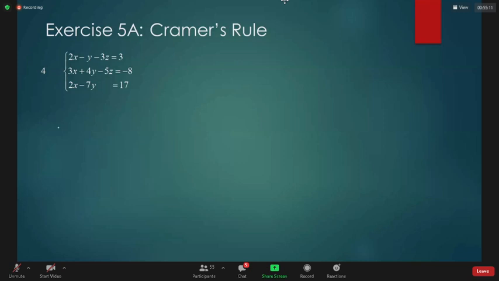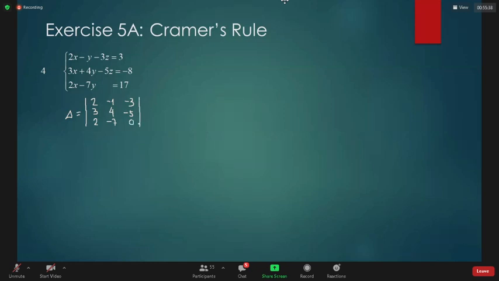So for this, the system determinant would be 2, minus 1, minus 3, 3, 4, minus 5. And now be very careful, the Z is missing, so we have 7, 2, minus 7, and we have 0, because the Z is missing in the third row.